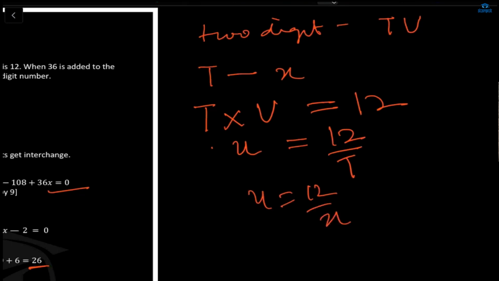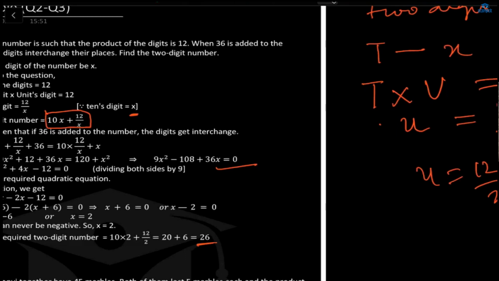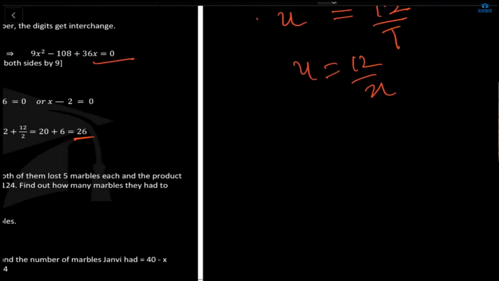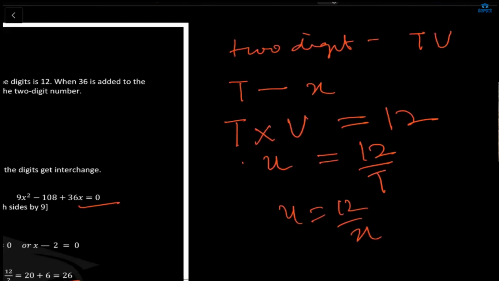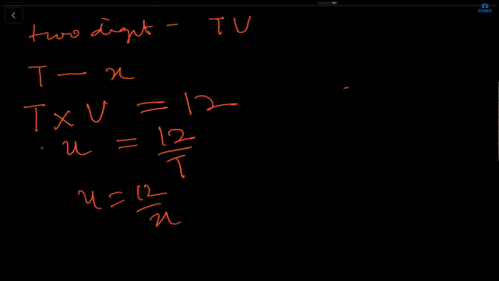Now it is given that if you add 36 to the number, then you get the interchanged number. Tens value, what is it? Let me explain it here: hundreds, tens, units. Unit means 1, tens means 10, and this means 100.